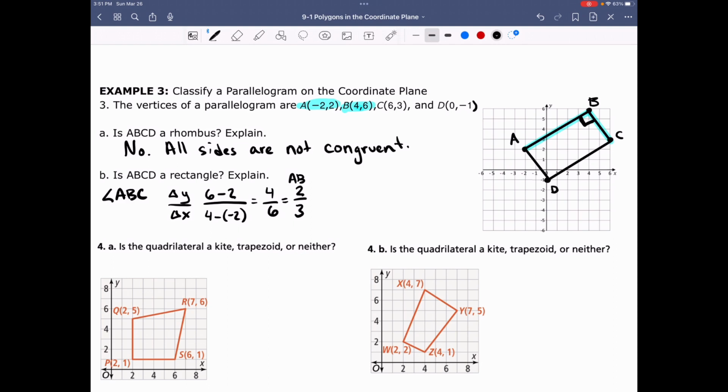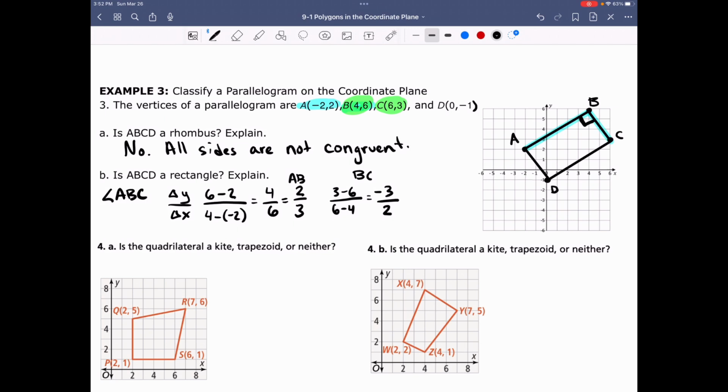What is the slope for BC? Change colors and highlighter. BC. So for the slope, the change in y would be 3 minus 6 and the change in x is 6 minus 4. That equals -3 over 2.